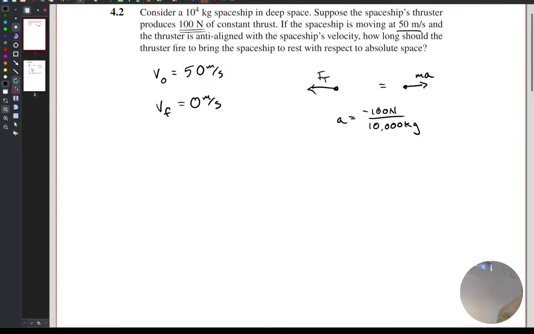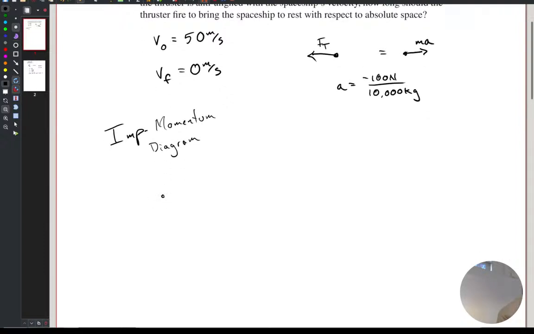So instead, I'm going to draw what's called an impulse momentum diagram. In step one, before any force is applied, my momentum looks like this: M times V0. I'm moving to the right.